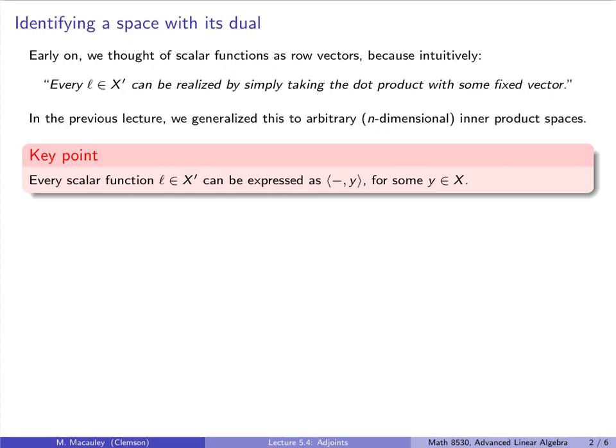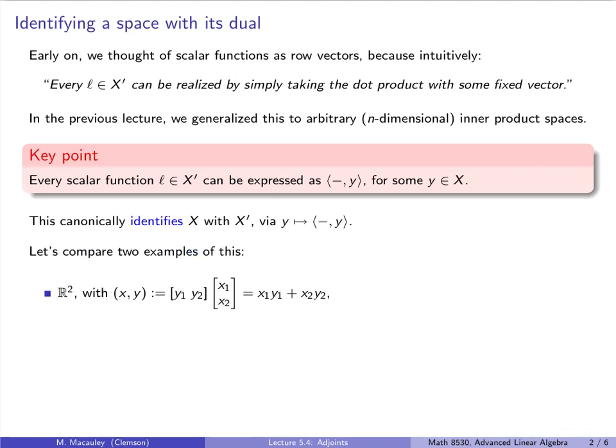If we're working over the real numbers, this is symmetric, so it doesn't matter which one, so I will stick it into the second coordinate. This canonically identifies a vector space with its dual via the isomorphism that sends y to the inner product of some vector with y.